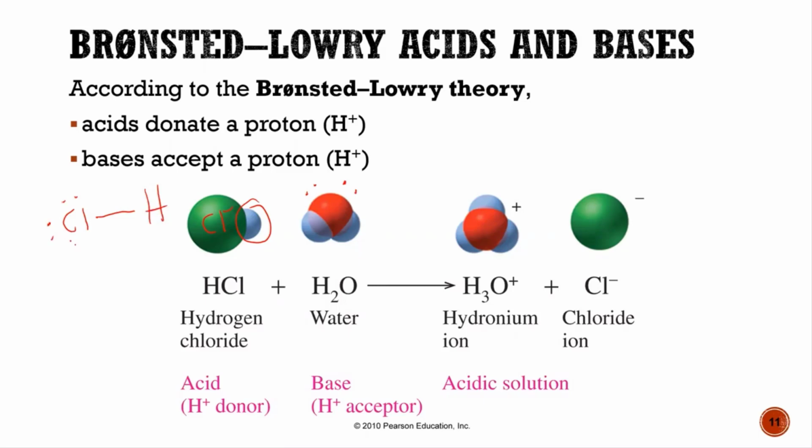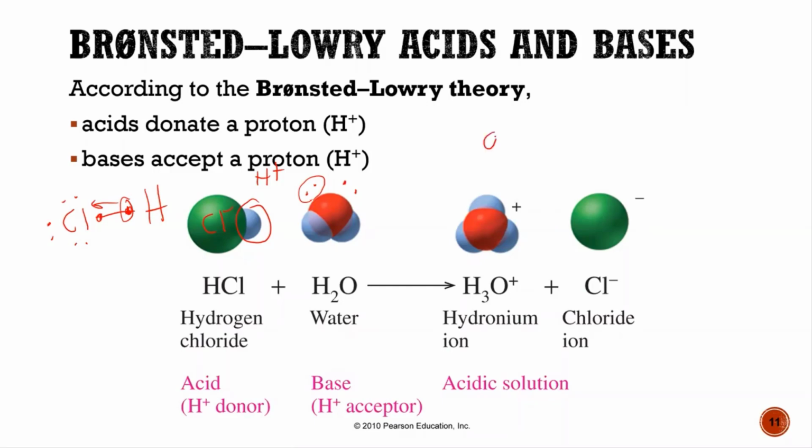in hydrogen chloride have a bond, and in this bond there's 2 electrons, but the chlorine is more electronegative. So when I throw this in water, chlorine takes the hydrogen's electron. So now all I have is a positive charge. That positive charge sees this lone pair and it forms a bond with it.